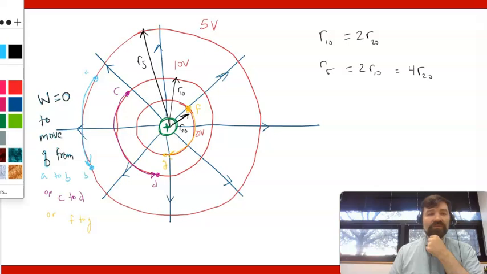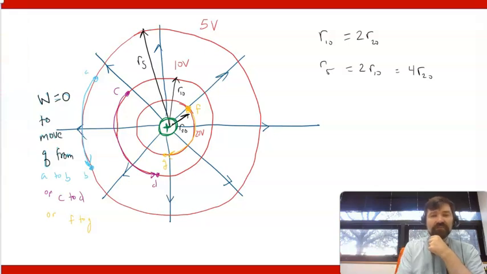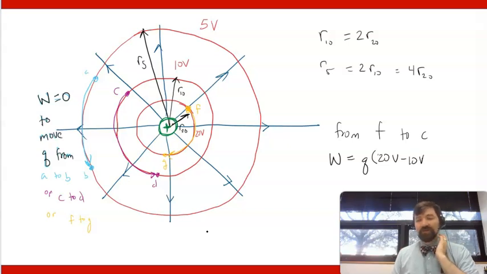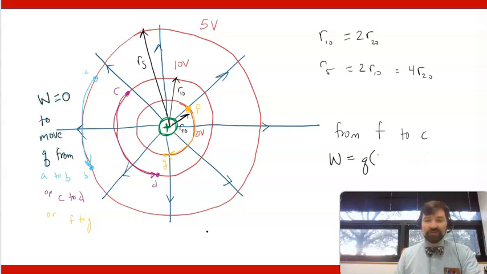Conversely, if I wanted to move a charge from the inner circle to one of the others, like from point F to C, the work would be Q times delta V, delta V being 20 volts minus 10 volts. Or I should say properly, you're not having to do work because the system will do work for you.